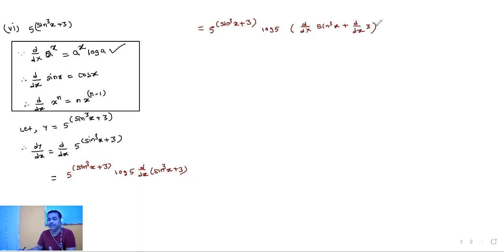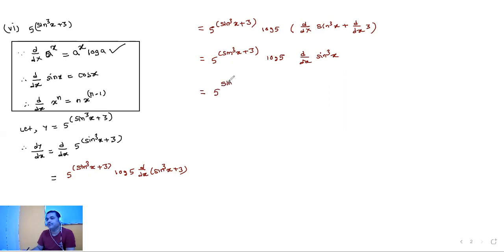The derivative of 3 is 0 because the derivative of a constant is 0. So here we'll write 5 raised to sine cube of x plus 3, then log of 5, and d by dx of sine cube x, which is also equal to sine x the whole cube, plus 0, as the derivative of a constant is 0.